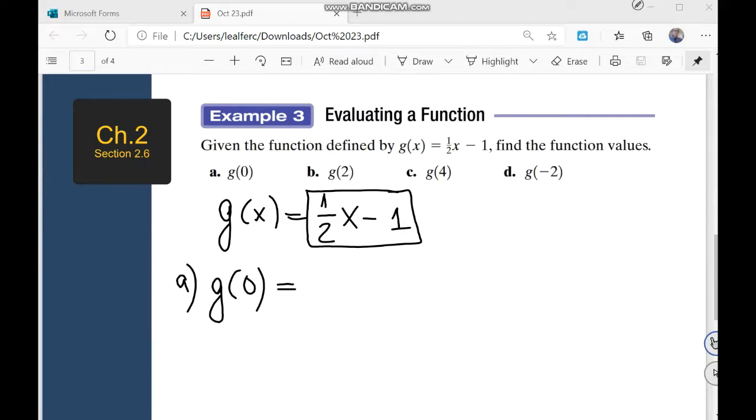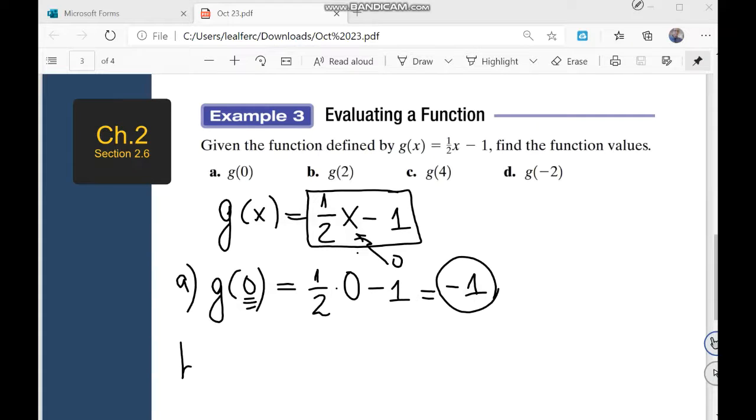You're going to plug in x equals 0: 1/2 times 0 minus 1. And calculate it to find the output. 1/2 of 0 is 0. 0 minus 1, negative 1. So for x equals 0, which is the input, the output is going to be negative 1. Okay?